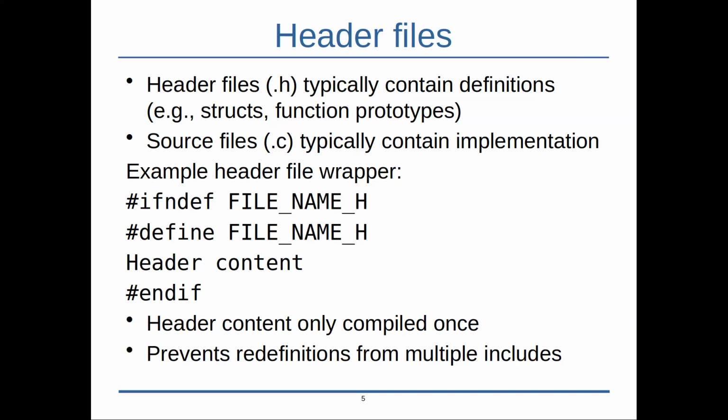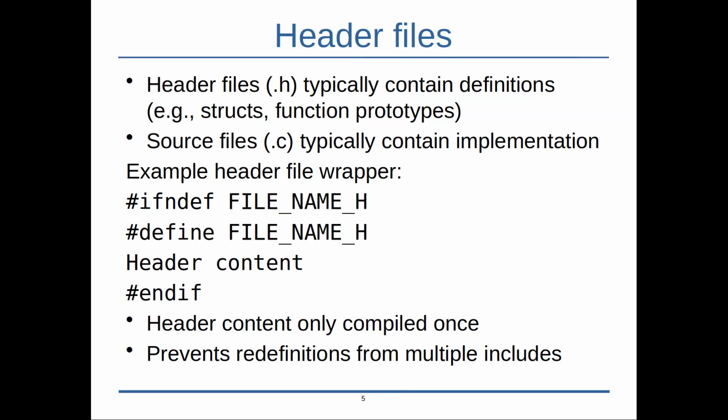Yeah. And not only from multiple source files, but let's say I'm including multiple header files in my source file, and that header file also includes the same header file, right? Let's say I have types.h, and that's included by my source file, as well as by, let's say, malloc.h, which includes types.h.